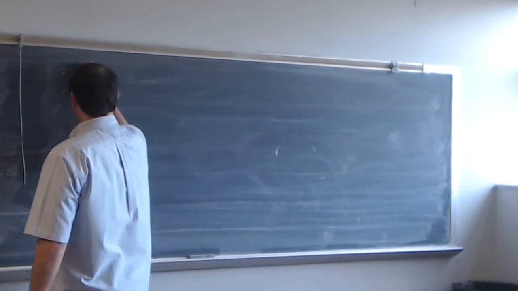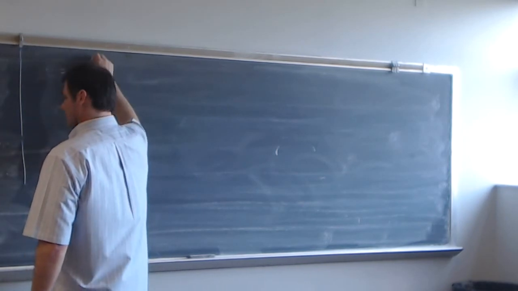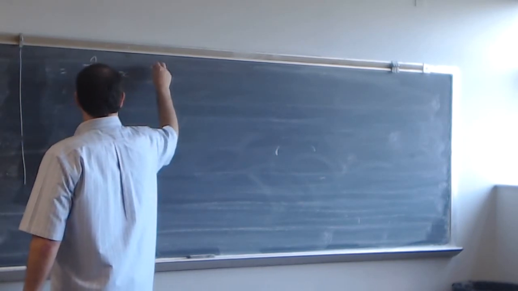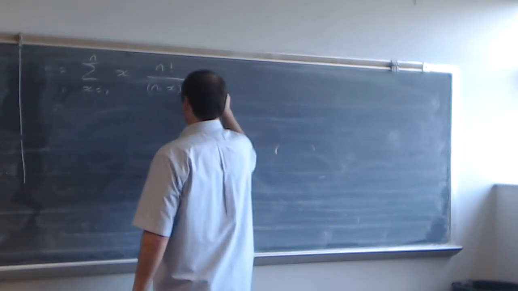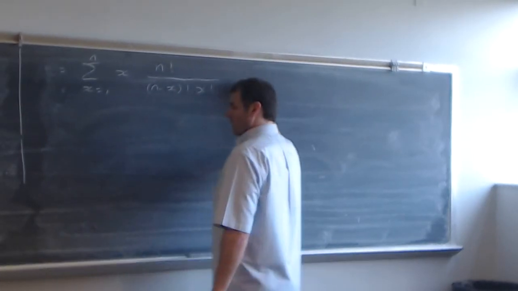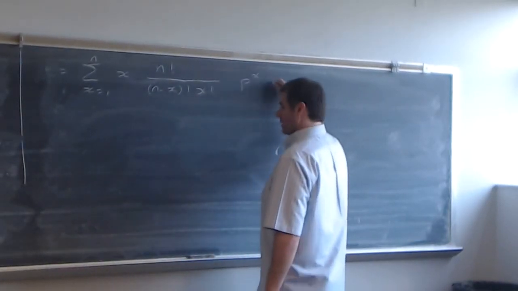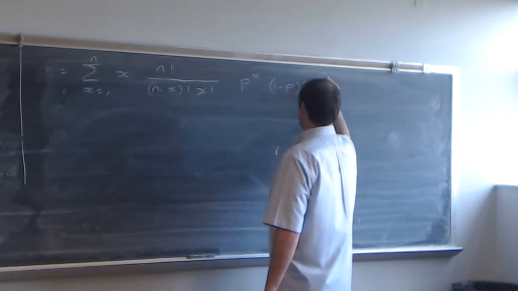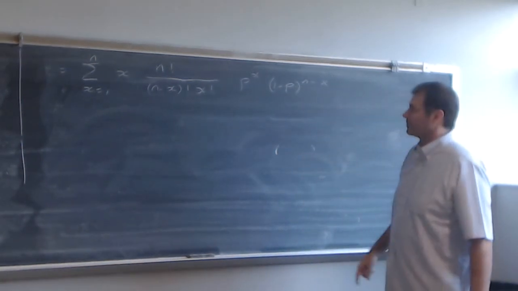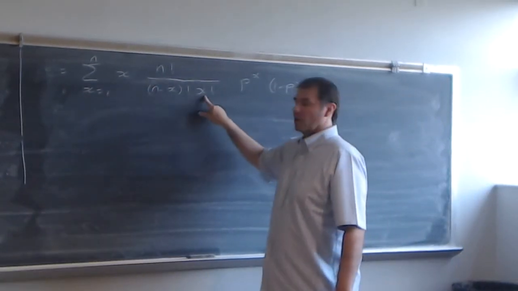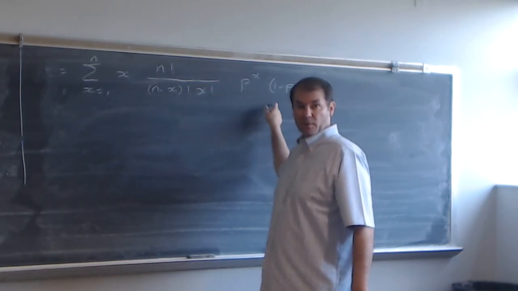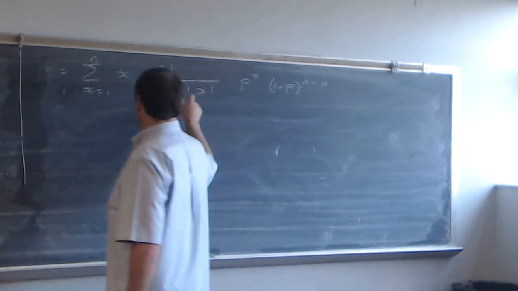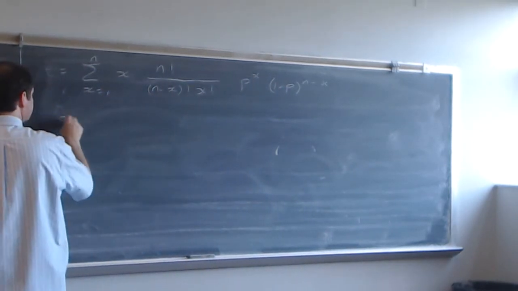This is equal to the sum as x runs from 1 to n of x, and then n choose x is n factorial over n minus x factorial times x factorial, and then we have p to the x, 1 minus p to the n minus x. Okay, the x here and the x factorial, there's x times x minus 1, x minus 2 all the way down to 1. So the x that's involved in x factorial and this x will cancel.